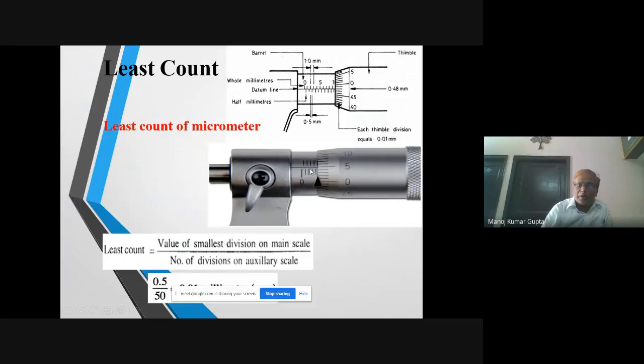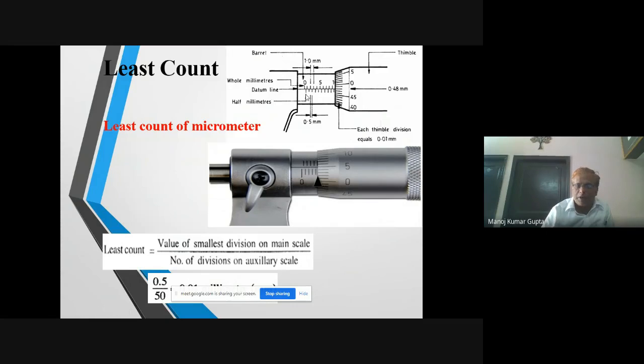Next comes least count of micrometer. So what are the various parts of this micrometer? This is the main scale. On the upper side, there is 1 millimeter gap between two graduations.